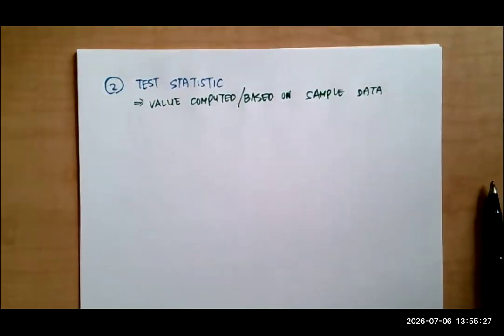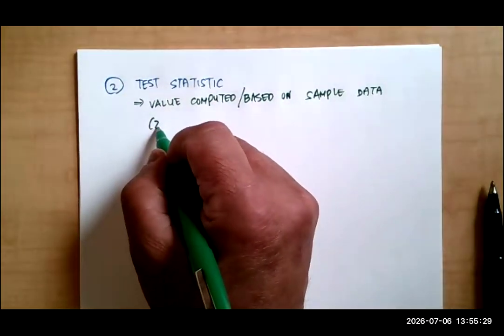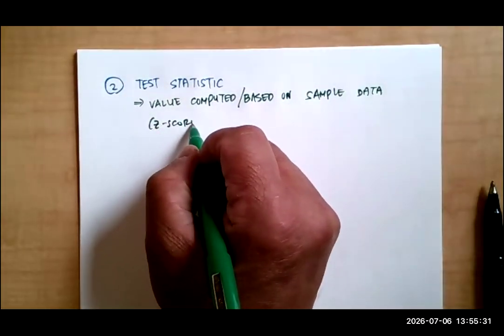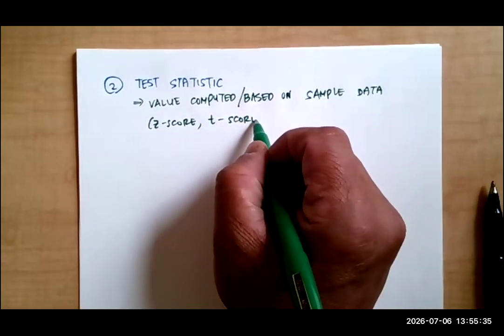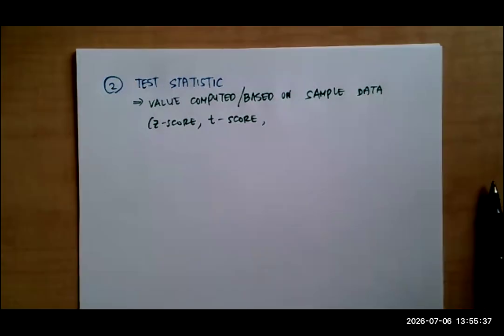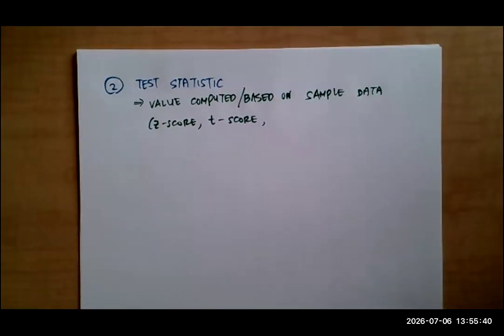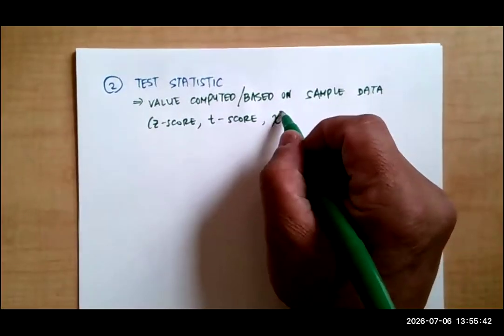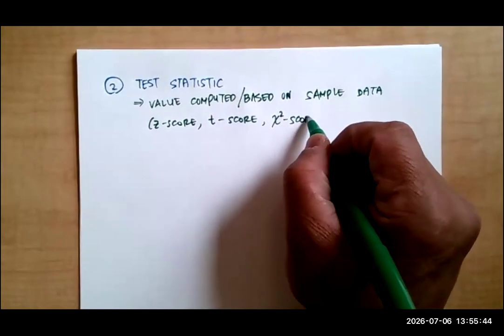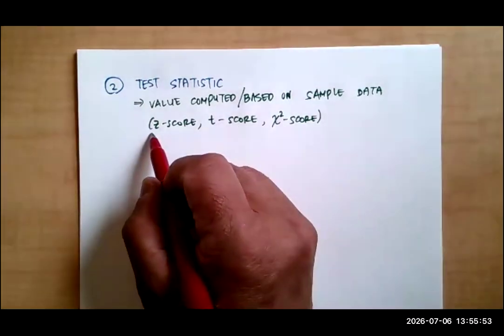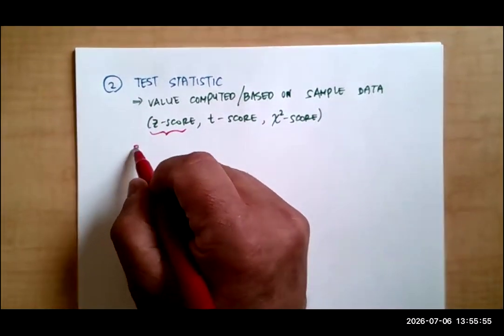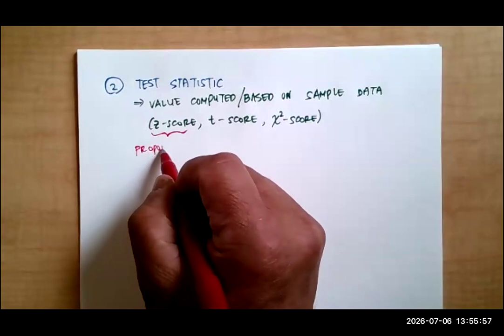And really here, this is where we're going to see either a z-score, a t-distribution t-score, or when it comes to standard deviation, a chi-square score. Often we're going to see a z-score when we're doing proportions.